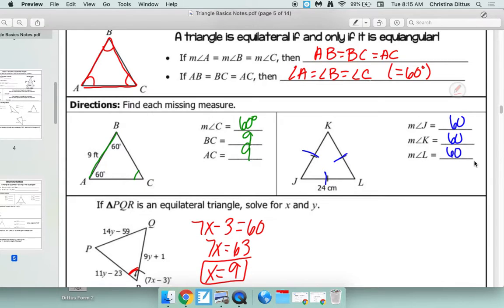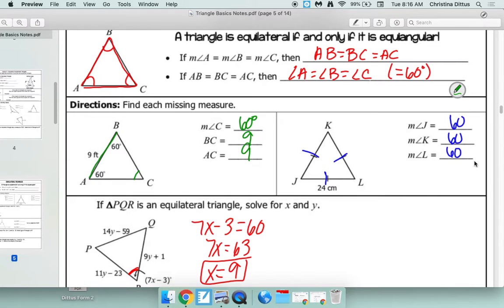Okay, here's the part that I know will throw people off. Just don't overthink it. Do you notice that I have 3 y things? Those things are sides. What do I know about all of those sides? They're all the same. They're all equal. Can I set them all equal to each other?